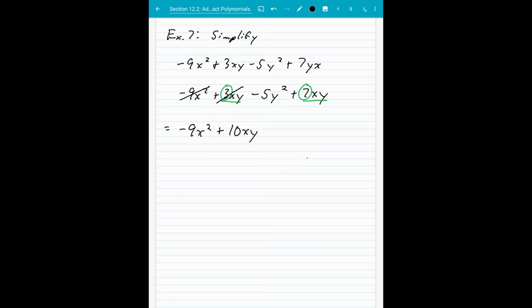I can cross them out to get them out of my field of vision. Then y squared. Are there any other y squareds? Well, I've crossed everything out, so there are no other terms to combine. So this would just be negative 5y squared, and that would be your answer.